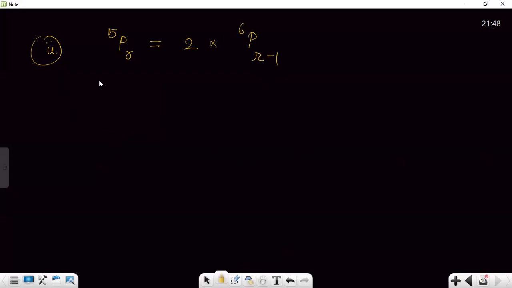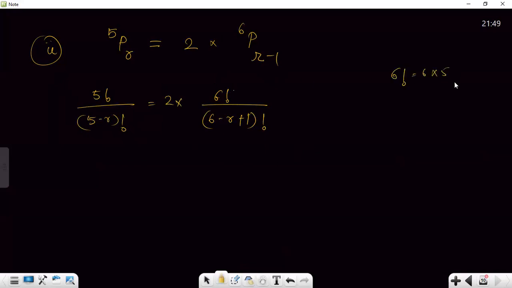So we'll solve it. 5 factorial divided by (5 minus r) factorial equals 2 into 6 factorial upon (6 minus r minus 1, becomes plus) factorial. 6 factorial can be written as 6 into 5 factorial, according to our previous conclusion.